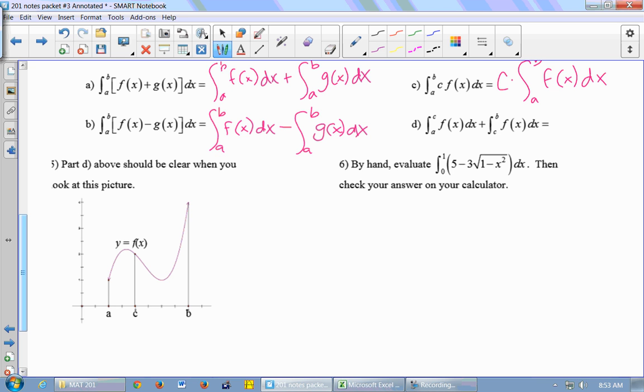So what I want to do is take the integral from a to c, which is this area, and add to that the integral from c to b, which is this area, which is the same thing as if I just went directly from a to b and took the integral from a to b of f of x dx.